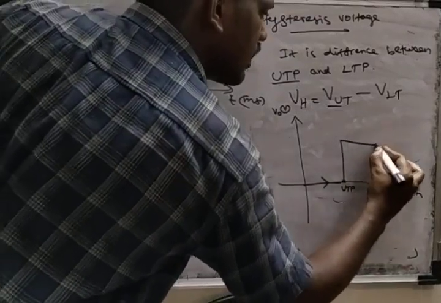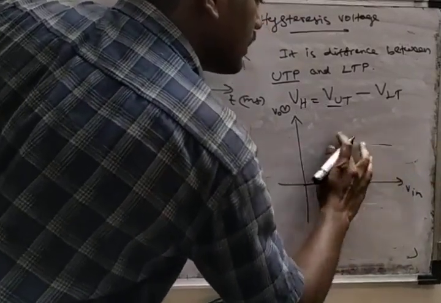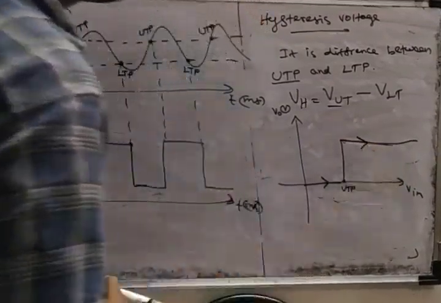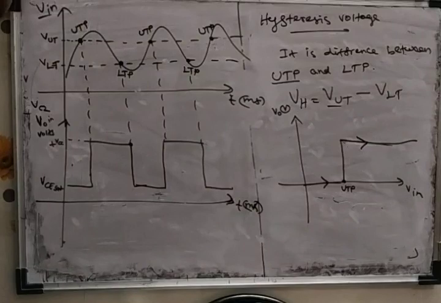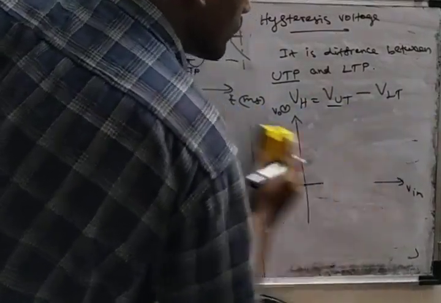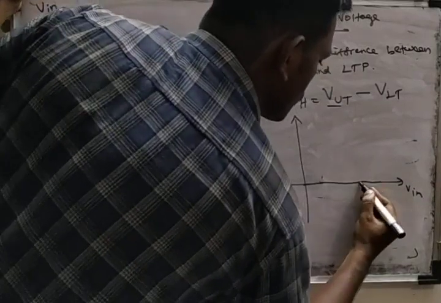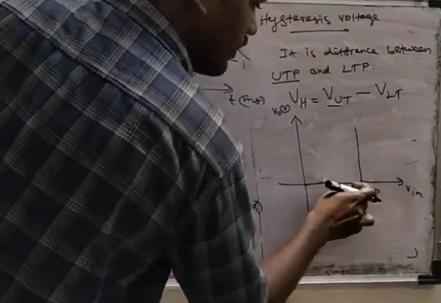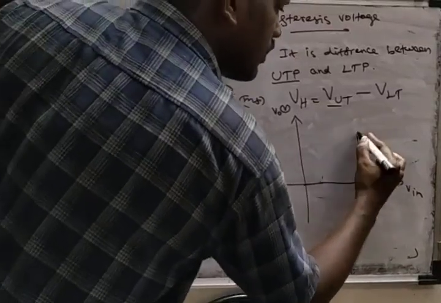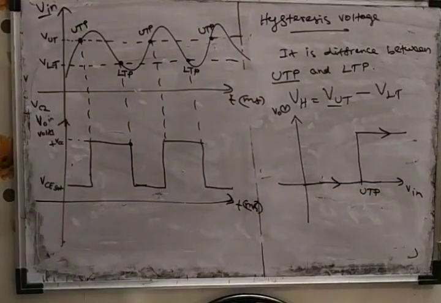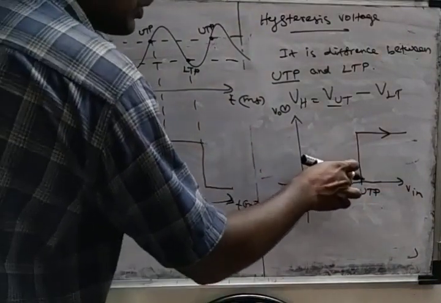In transistor 1 you are having a high output like this. When it reaches the upper triggering point, our output goes from low to high.